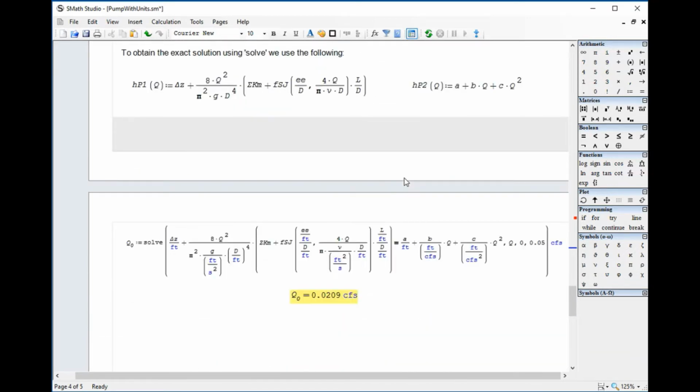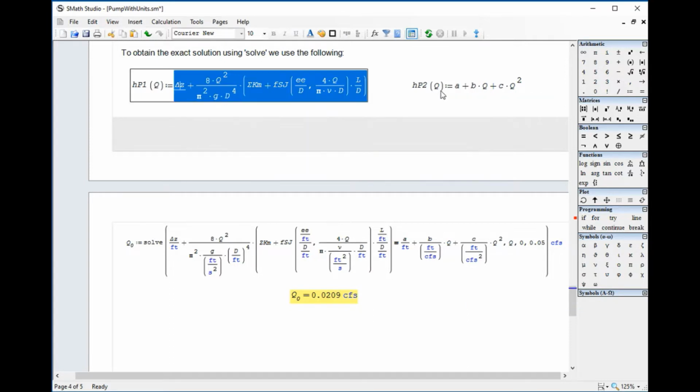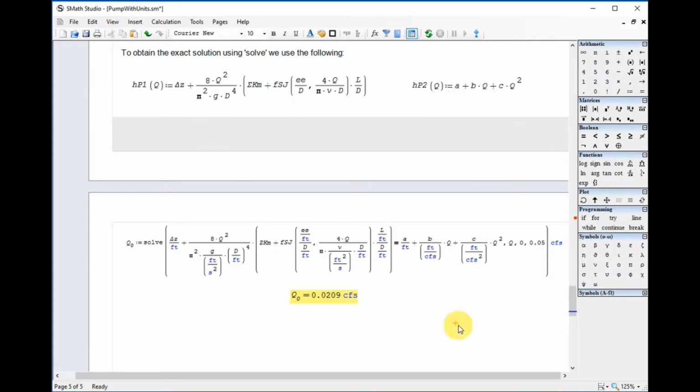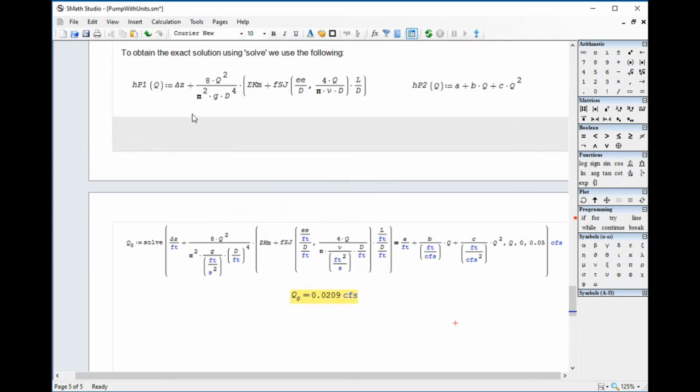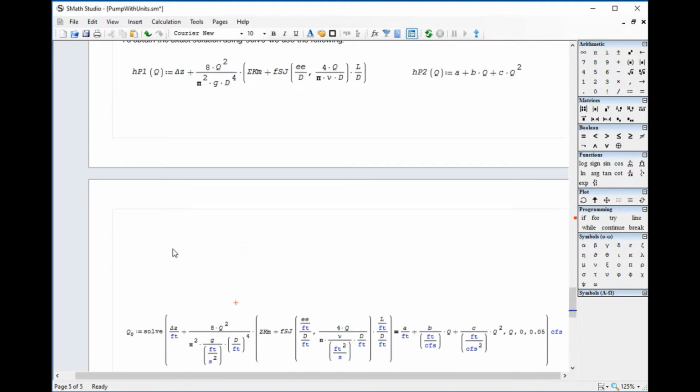but you can also solve these two equations simultaneously by equating the right-hand side of this to the right-hand side of that and using solve. Well, here's the solution. I'm going to actually repeat this solution right here.